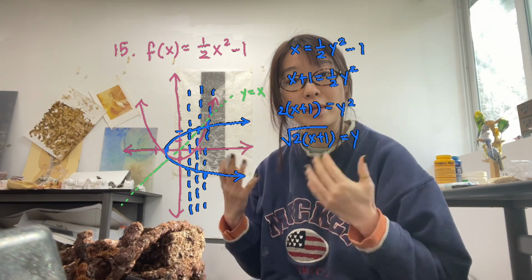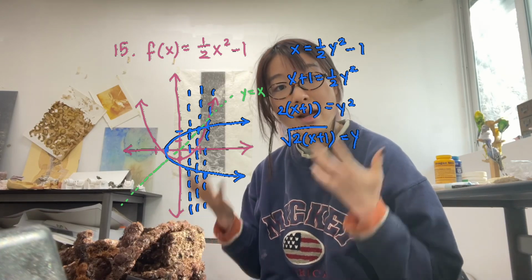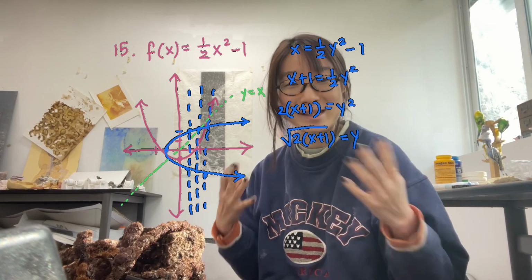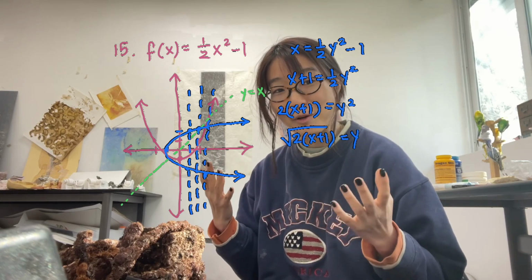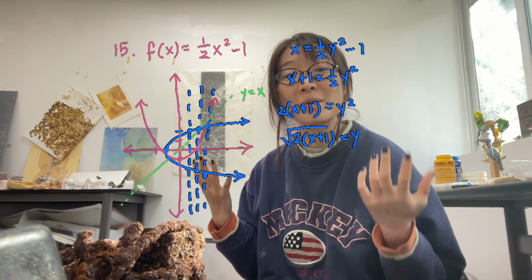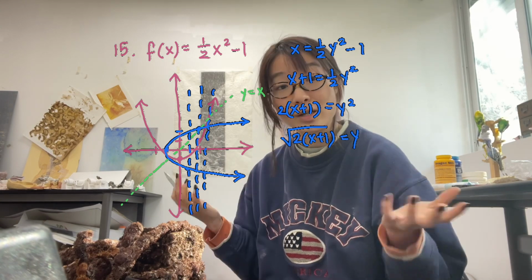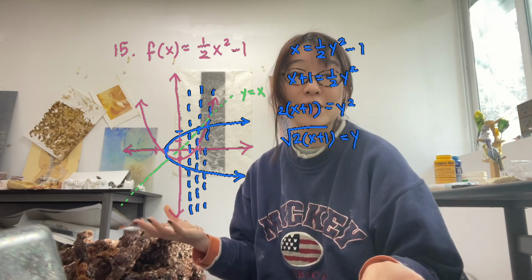So therefore, this does not qualify as a function, right? And in order for us to make this step a little bit easier, instead of doing vertical line testing, we can conduct horizontal line testing to see if a function's inverse would be a function indeed.